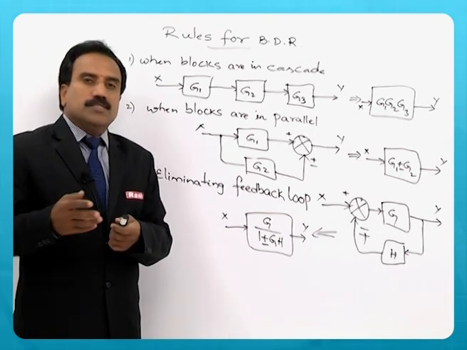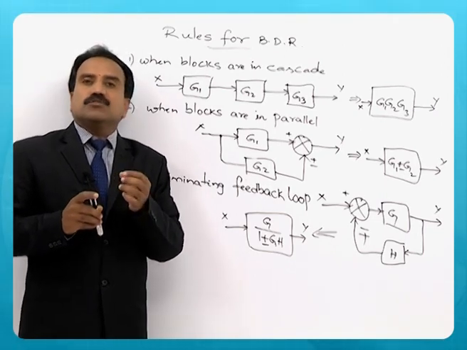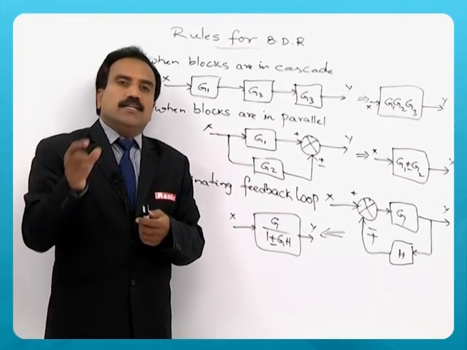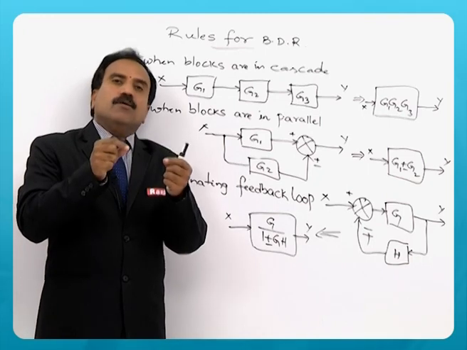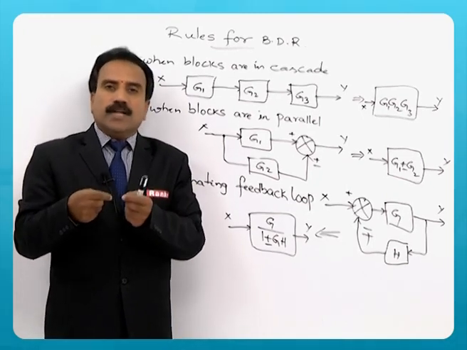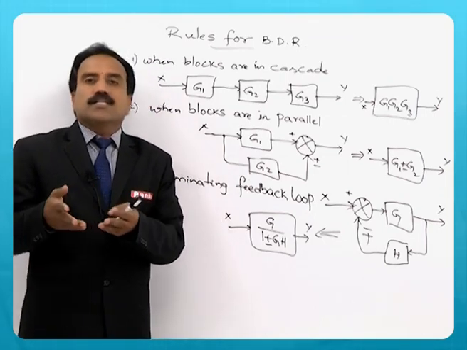Like in networks, we do star delta transformation. Star delta transformation is applied to a complex network. When you apply that transformation once, certain components will come in series or parallel, because series and parallel is a simple circuit. Complex means star delta circuit.